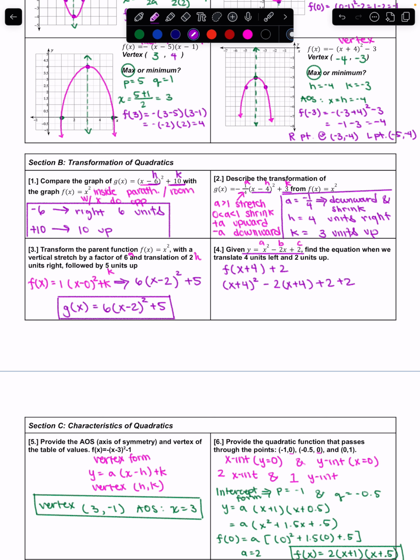Go ahead and distribute the x plus 4 times x plus 4, and we get x squared plus 8x plus 16, and then if we distribute the negative 2, we get negative 2x minus 8 plus 4, okay? Now, we're going to go ahead and combine like terms, and we get x squared plus 6x plus 12 for our final answer, okay?